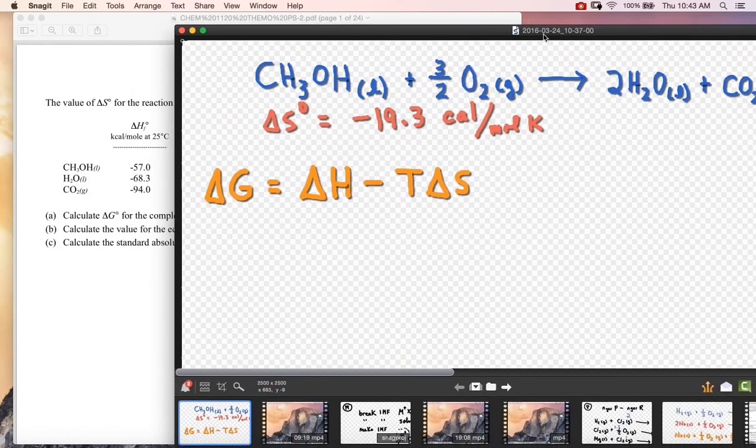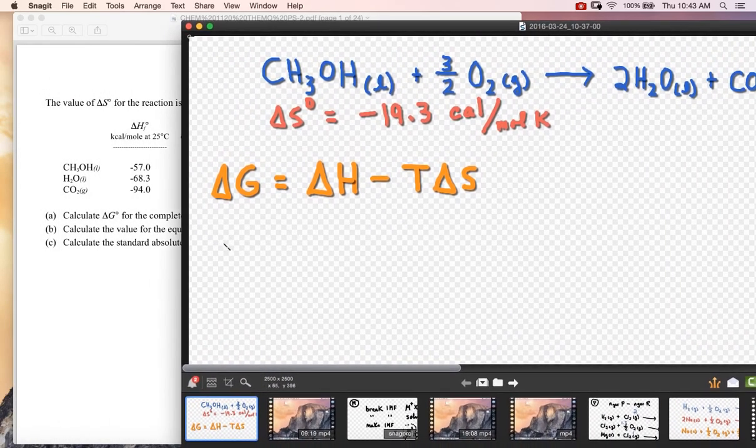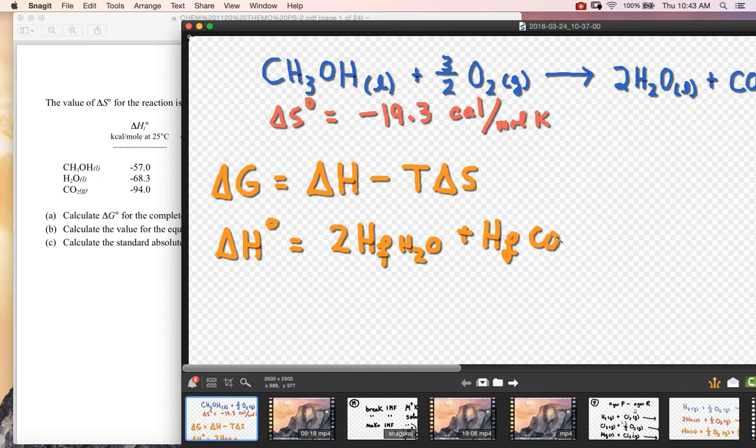So we can find the delta H by using Hess's law. That means that the delta H of the reaction is going to be equal to 2 times the H of formation of H2O plus the H of formation of CO2 minus the H of formation of methanol.